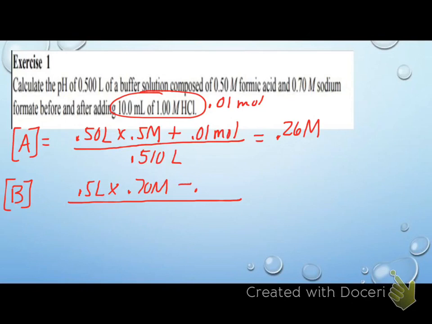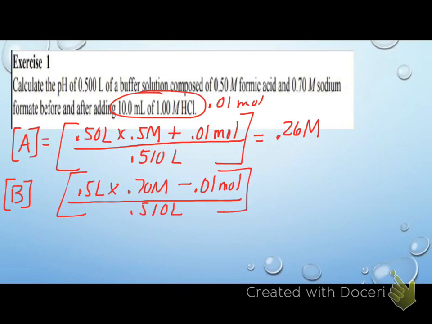So now I'm going to, not divide, subtract. There's two separate problems. Divide by the new volume. And I get 0.34 molar. So those are my new concentrations of acids and bases.